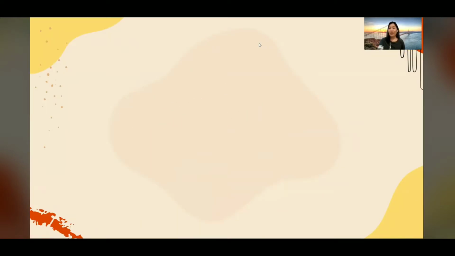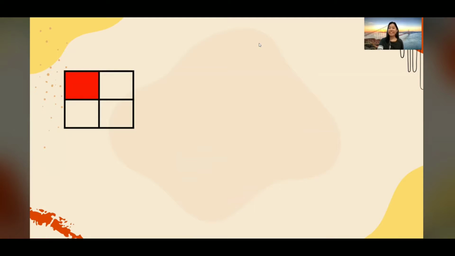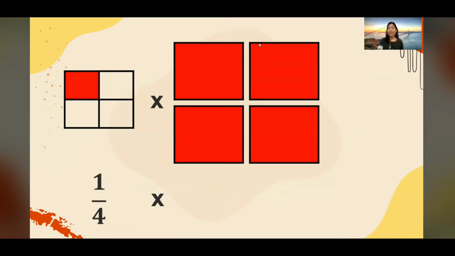Let us now proceed to our next lesson by renaming these fractions and multiplying these factors. So the first one, this is 1/4. That's correct. And then our next factor is this one. This is 4 wholes. That's correct. So this one will be 4/1. So if we are going to multiply this, 1 times 4 is equal to what? 4.